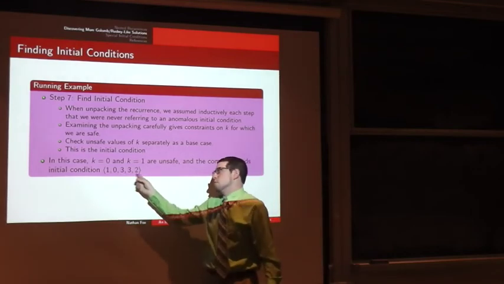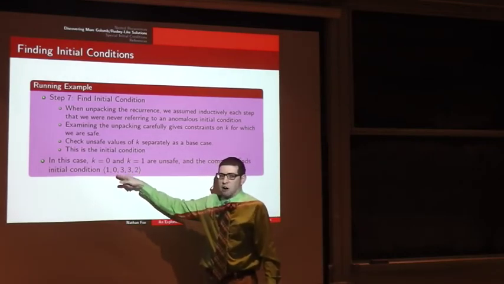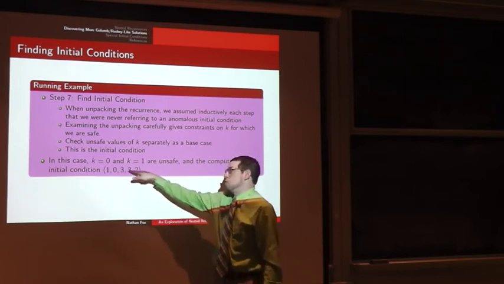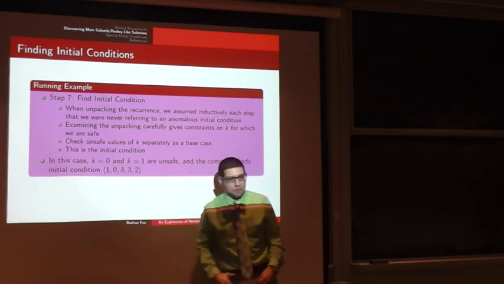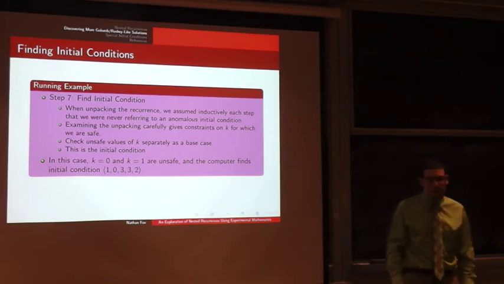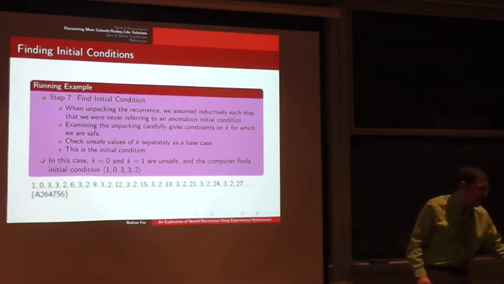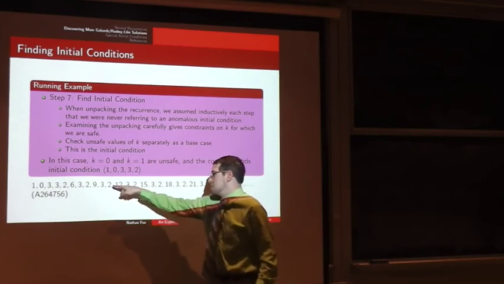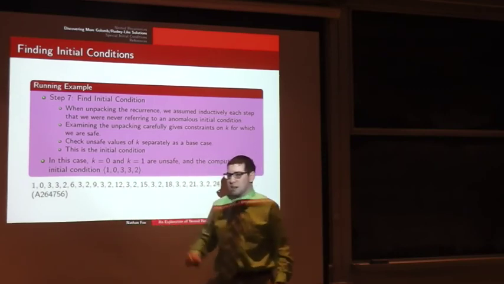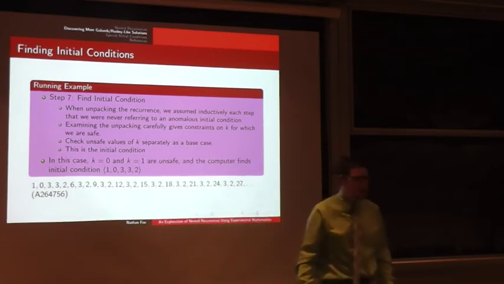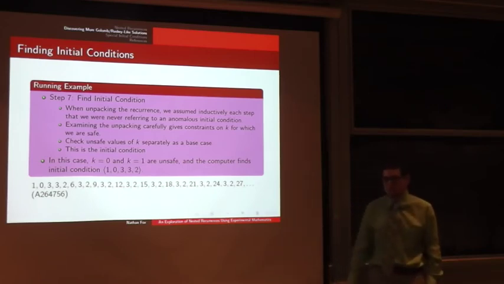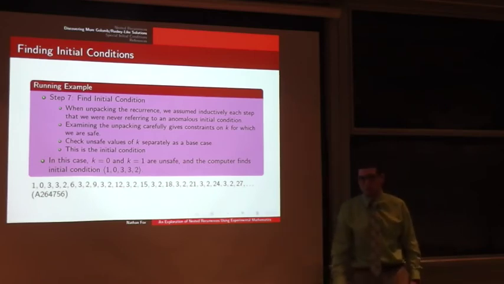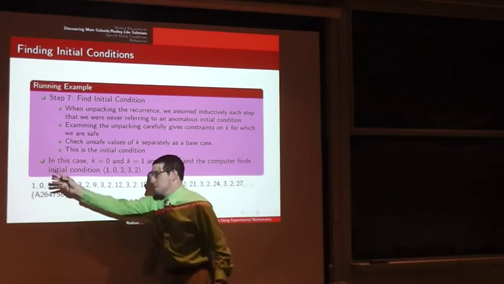So 1 and 0 were forced by our extra constraints, and then 3, 3, 2 is just extrapolating the pattern. So 1, 0, 3, 3, 2 is the initial condition we get, and 1, 0, 3, 3, 2 generates this sequence, where there's 3s and 2s, and then multiples of 3. That's different from the Golomb sequence, different from the Conway sequence, but another period 3 solution, though it has these 2 terms at the beginning, but whatever.